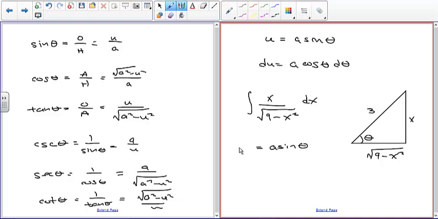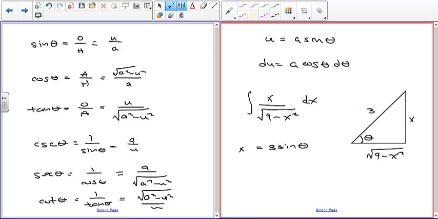It's just a simple x because we don't have something like x minus 3 quantity squared. If we had x minus 3 quantity squared, we'd let u equal x minus 3, and then do it. But in this case, we can just let u equal x. So x is equal to a sine theta, where a in this case is 3.